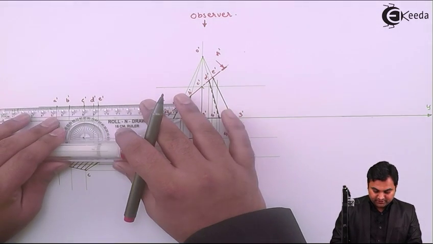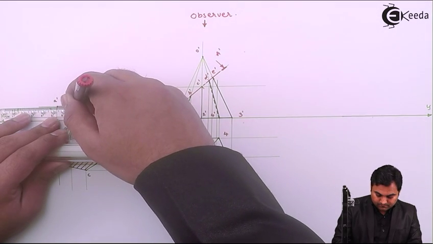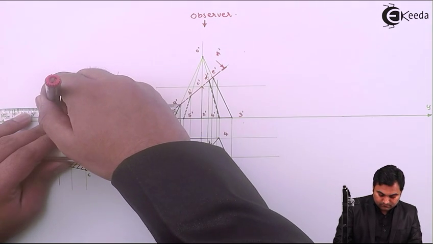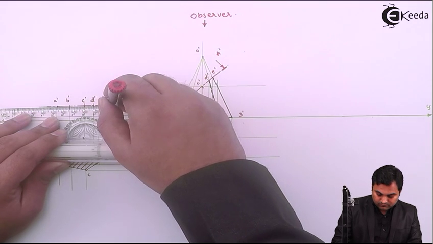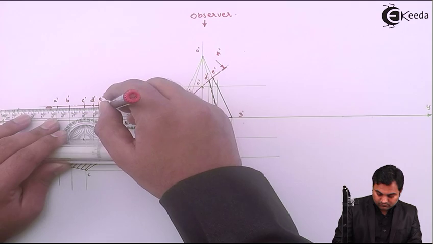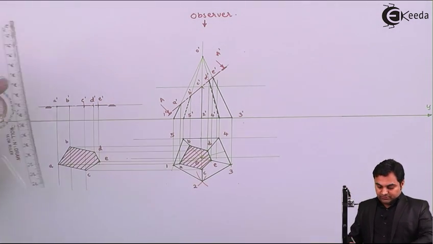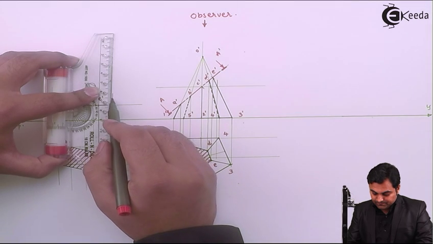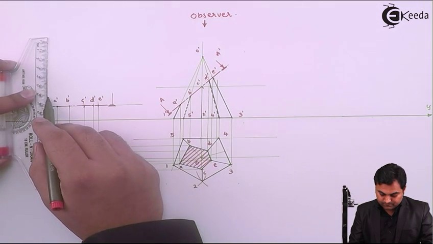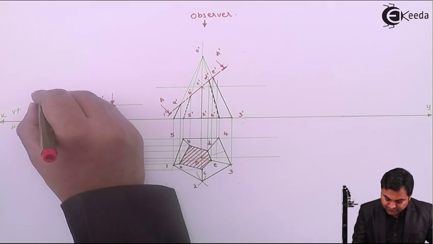Then I'll make this cutting plane dark. Then here I'll give the viewing direction, that is cutting plane AA dash.